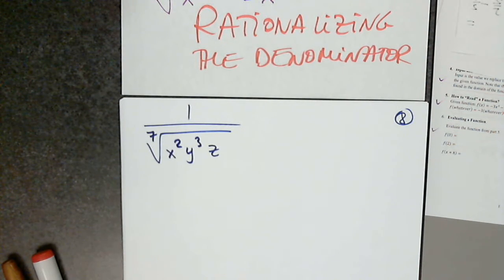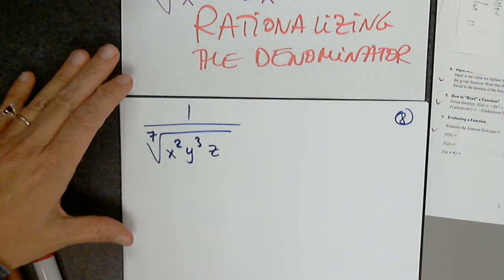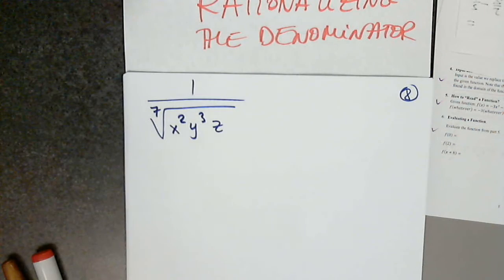I would like you to tell me, what would you use to rationalize the denominator of this fraction? First of all, which radical would you use?